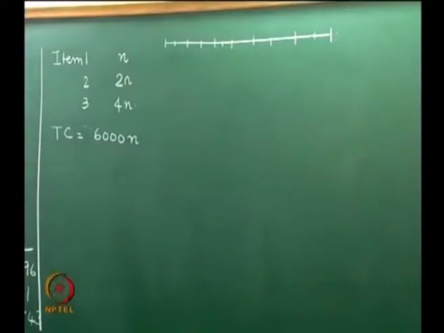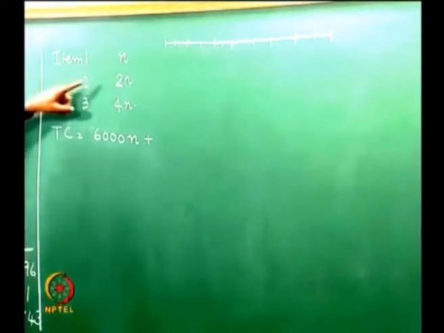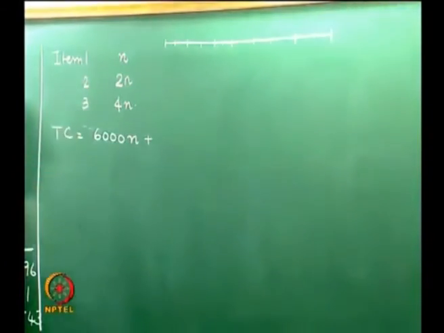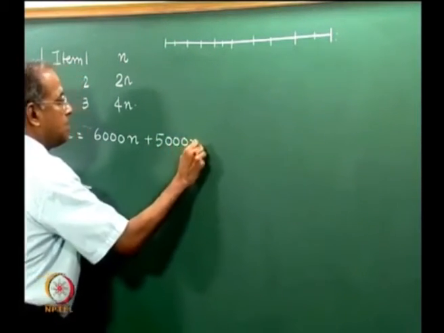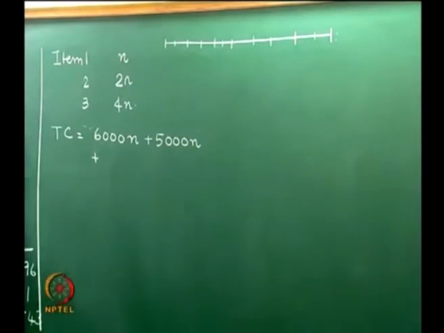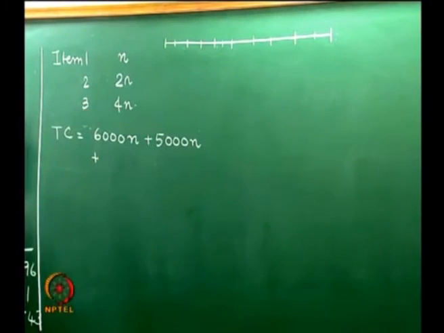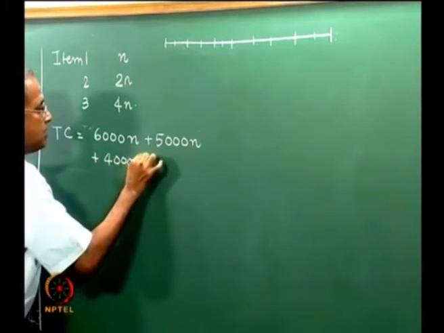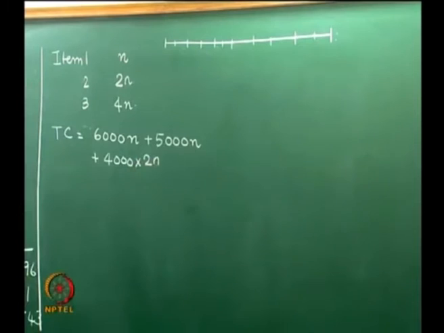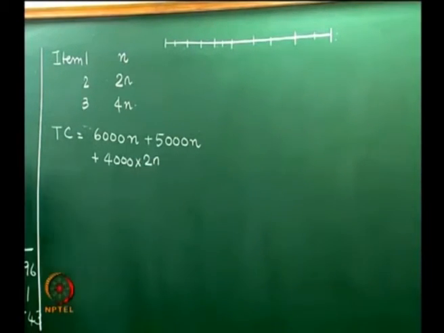So 6000 into n. For another n orders, only these 2 will be combined, so this will become 5000 into n, and for the remaining 2n orders, this alone will go, so this will be 4000 into 2n. So this will be the total ordering cost that we will have.